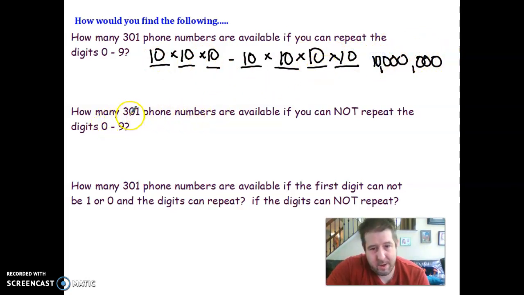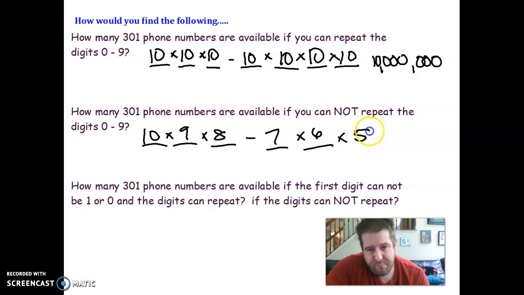How many 301 numbers are there if you cannot repeat? Okay, so there might be 10 digits for the first, but then there's only 9, and then only 8, and then 7, 6, 5, and 4.